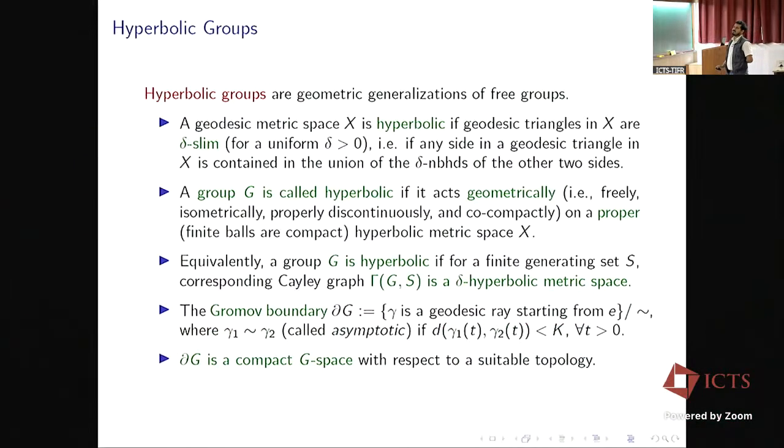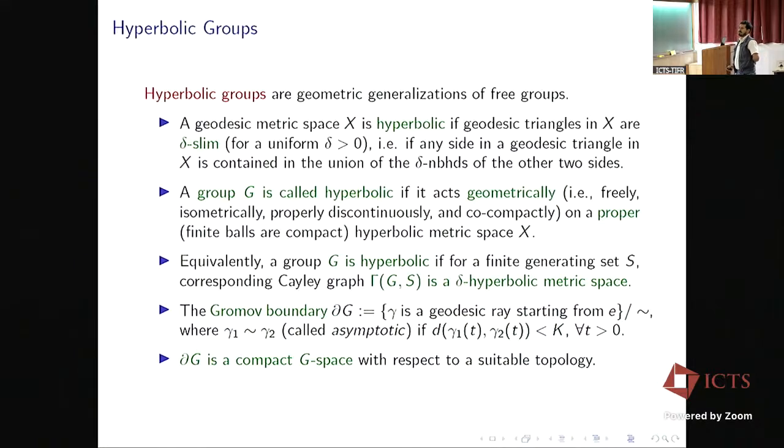We consider geodesic rays, and the equivalence relation here is that they are asymptotic. That means they remain uniformly close for all time. In the case of free groups, we did not have to mention this because they are the same.